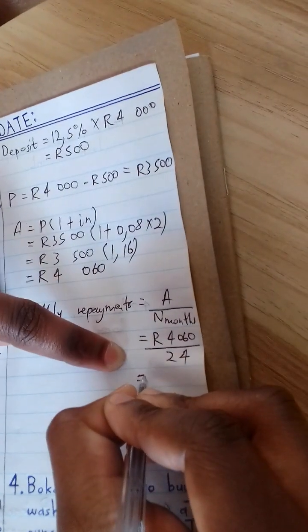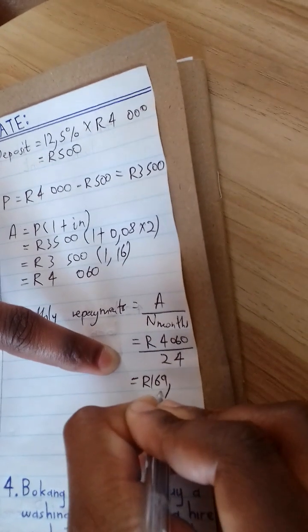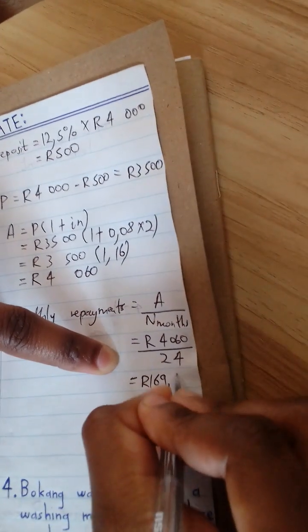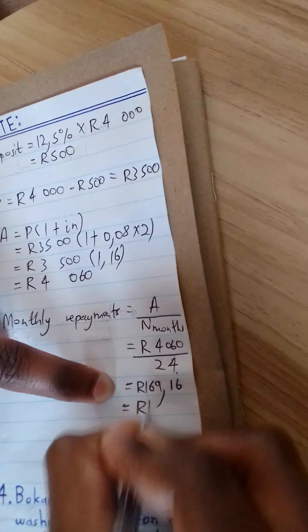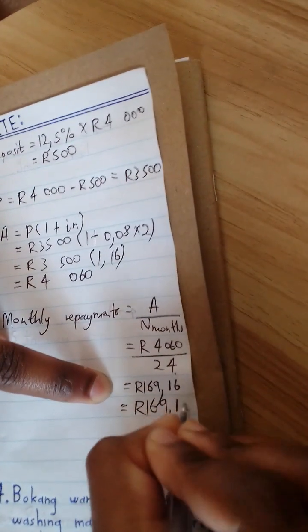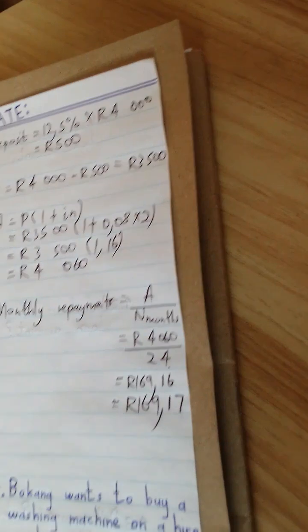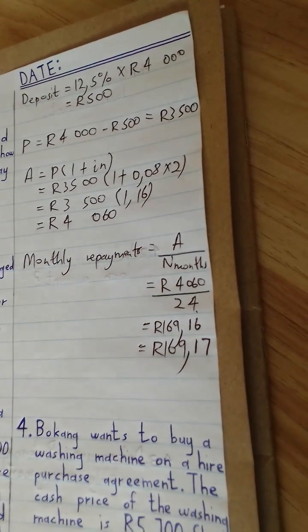I'm getting 169.16 recurring. Remember to 2 decimal places, 169 rand and 17 cents. Okay, I hope that made sense.